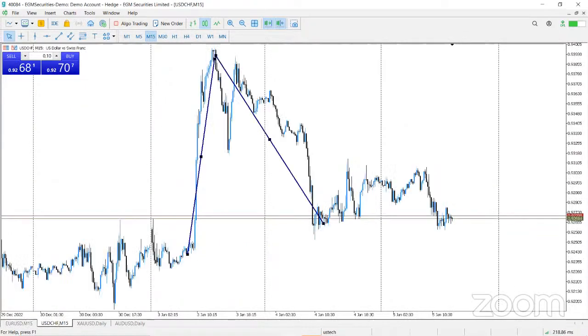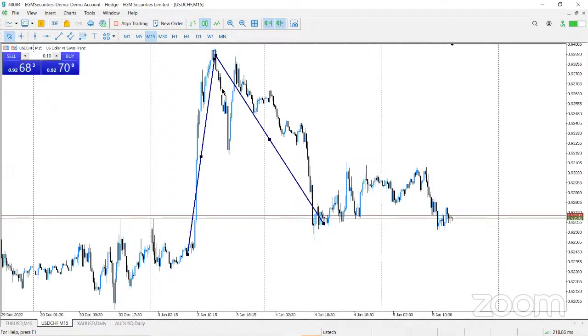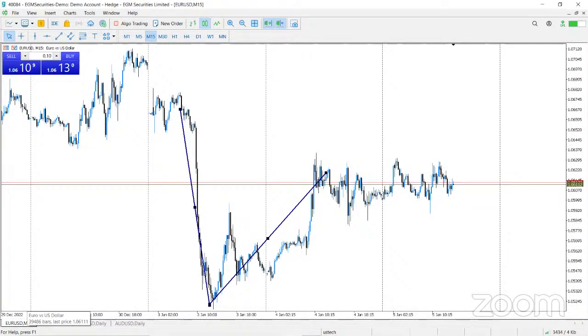Because they are negatively correlated. They both share the dollar in their names. When the dollar strengthened, the euro dropped, and in the pair with CHF, the dollar strengthened against the Swiss franc. So imagine having a setup where you bought here and you bought here. That means you're basically canceling out these trades, and there's nothing you've done at the end of the day, because on one chart, you'll be gaining money.